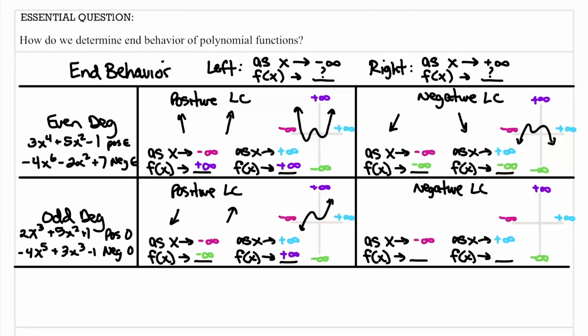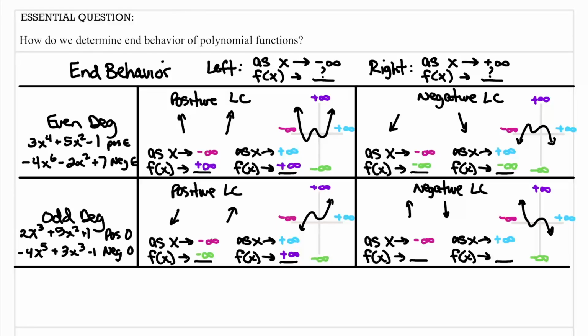For negative leading coefficient and an odd degree, this one's going to go up on the left, down on the right. So it might look something like that. So we're going to the left towards negative infinity on the x-axis.